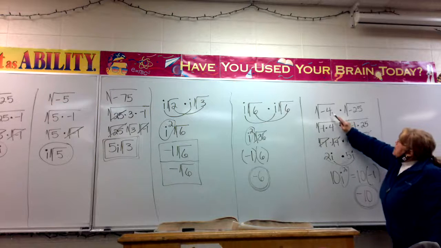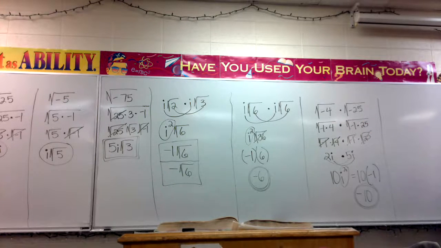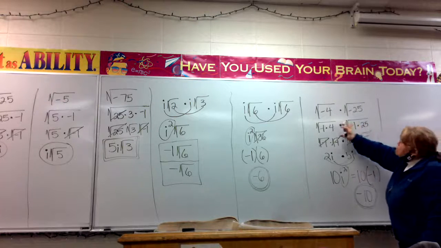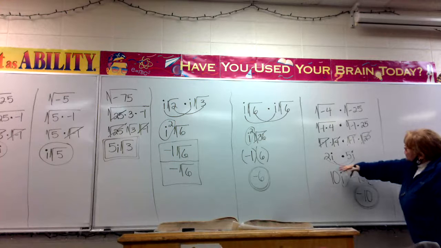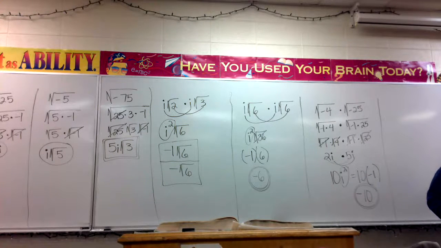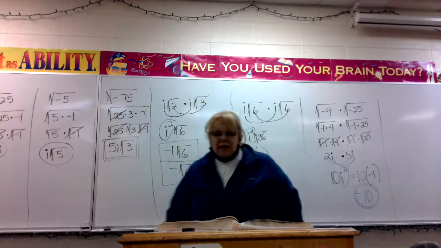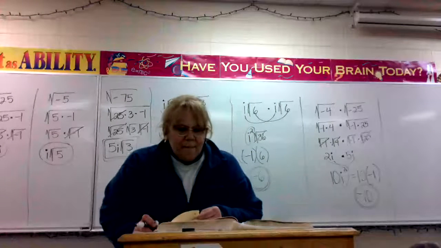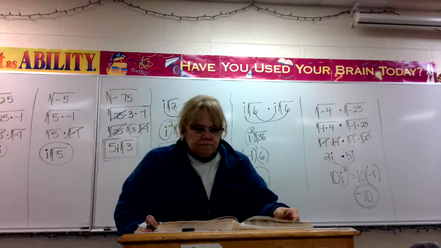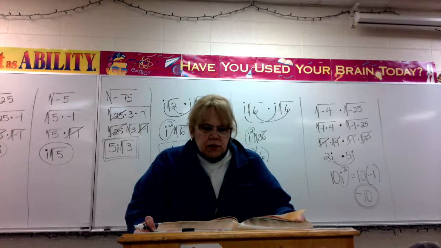You can't just multiply -4 times -25. It doesn't work that way. You always want to simplify these first. And then once you simplify, then you can add, subtract, multiply, or divide. But you always want to simplify those first. Does that make sense?